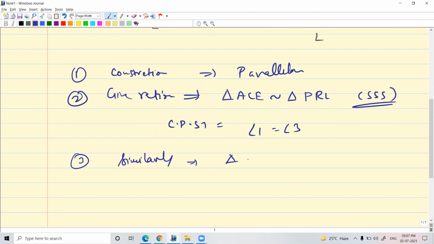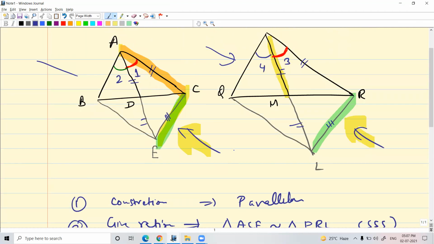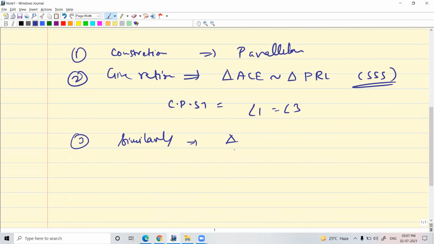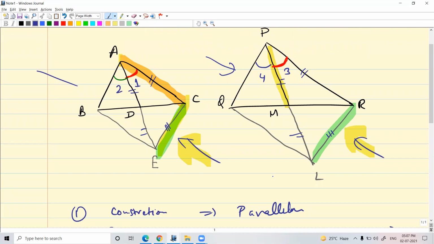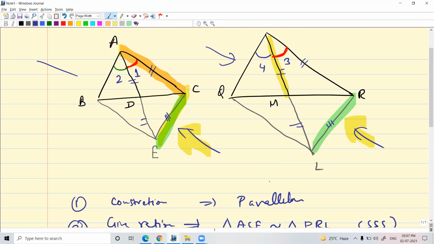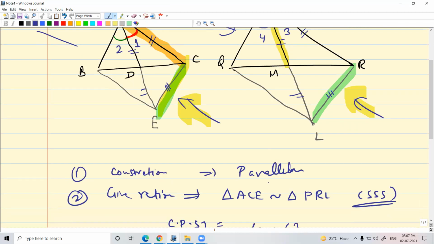Similarly, you will prove that ABE is similar to PQL, and CPCT of this will give you angle 2 is equal to angle 4. Everyone with me? Understood? Yes, sir. Okay. And then what is the next step? We just add those two. So 1 plus 2 and 3 plus 4 become equal to each other. That's right.